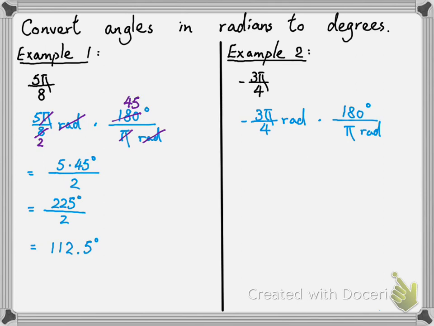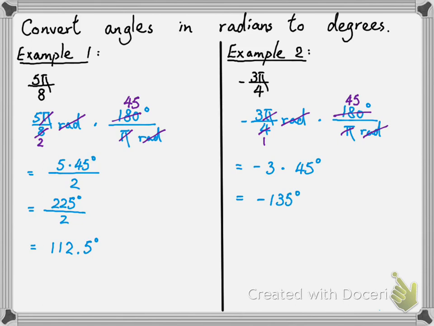Now we can reduce the radians and the pi's. The numbers 4 and 180 can be divided by 4. 4 divided by 4 is 1, and 180 divided by 4 is 45. Now we're left with negative 3 times 45 degrees. Our final answer is negative 135 degrees.